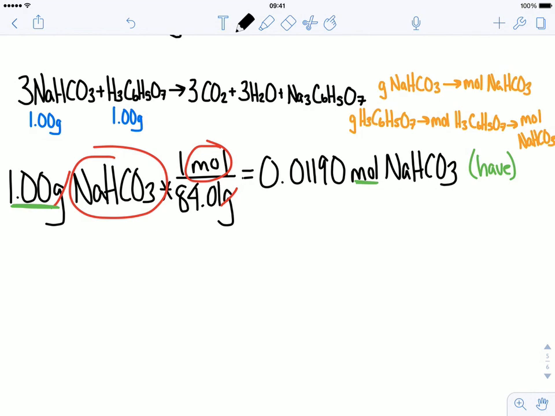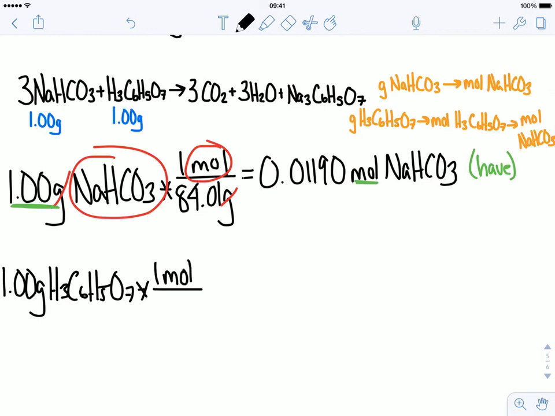So let's do that. So we have 1 gram of citric acid, H3C6H5O7, and we need to convert that into moles of citric acid. So we do that by finding the molar mass, which is 192.14 grams per mole.